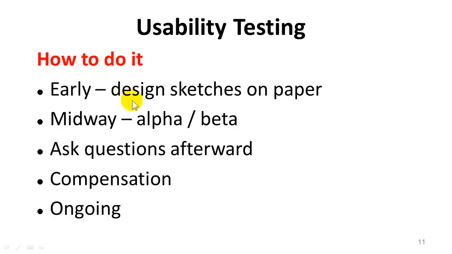It should be done early. You can start when you're designing your sketches, when you're designing your wireframes. And this is where we have alpha and beta versions of software being rolled out. We haven't finished, we're testing. After the test, you would ask questions, you might give some compensation, and you might want to continue with the testing as you make the improvements.